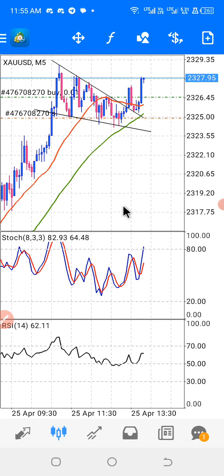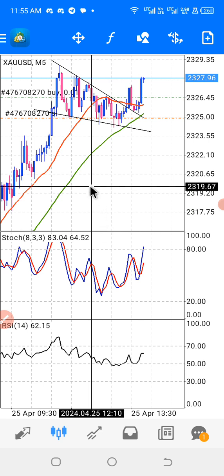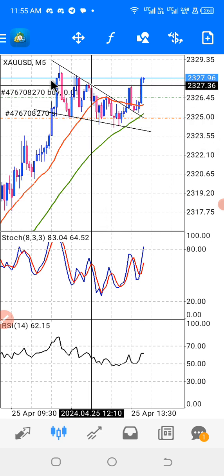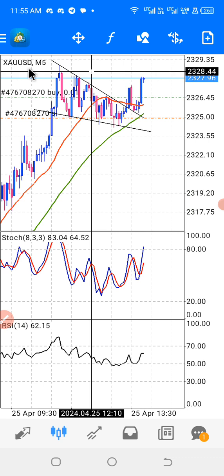Another thing you need to know here, if this market is able to break this high, let me show you what I mean. If the market breaks this high here, all right, then we know that a new obvious higher high has been created.